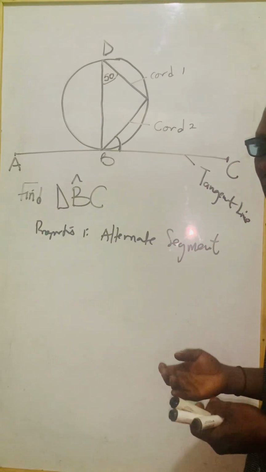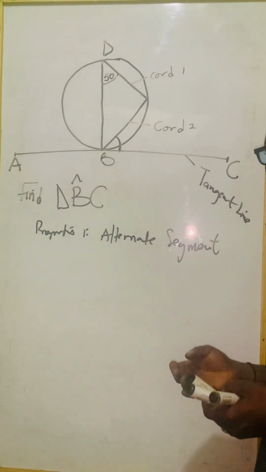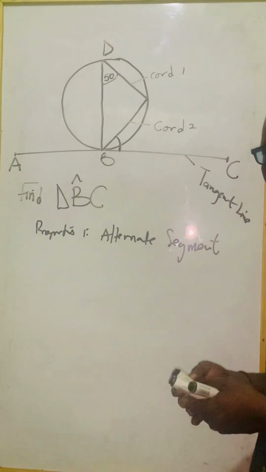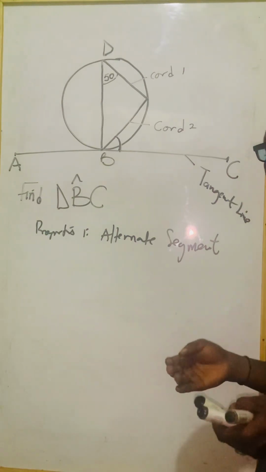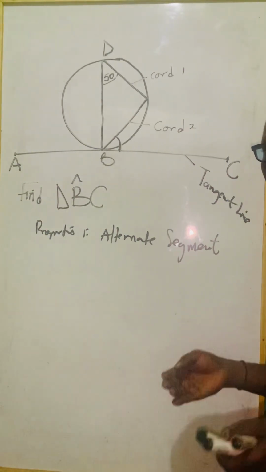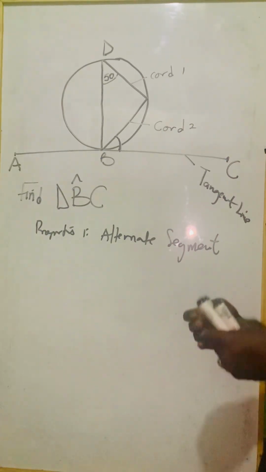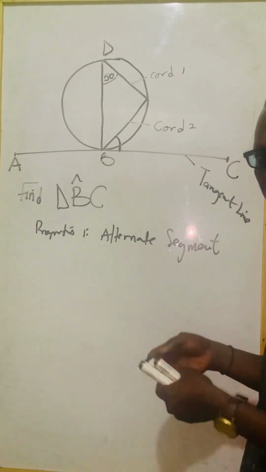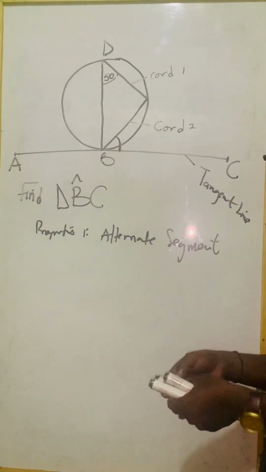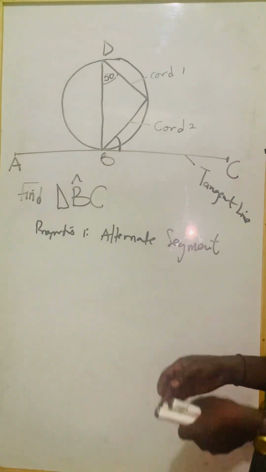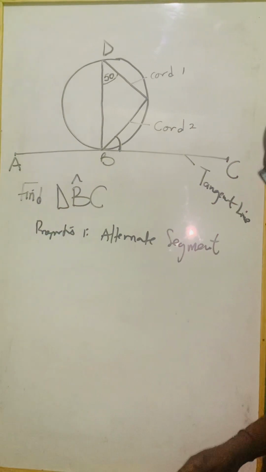Don't forget that under angles in general, we do have alternate angles. Angles that are alternating are equal. If it's angle A, then the other side is also angle A, because they are alternating. Under circle theorem, we also have a property called alternate segment, which tells us that angles that are alternating in the same segment are equal.